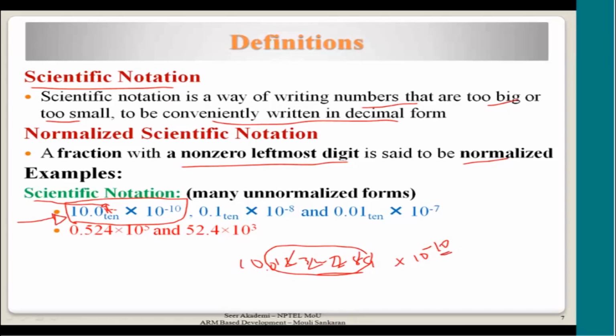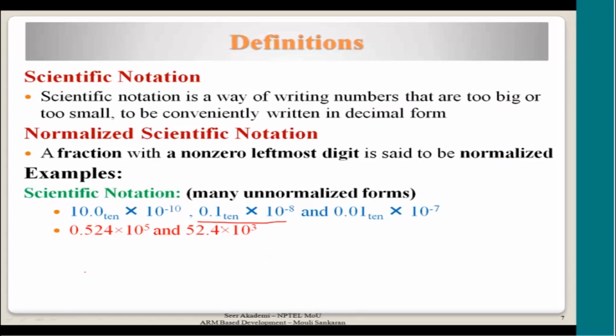Let me erase this. So what is this notation? Is this different from this number? Certainly not, because when I move the decimal point to the left, the 10 becomes 1.0 into 10 power minus 9, correct.